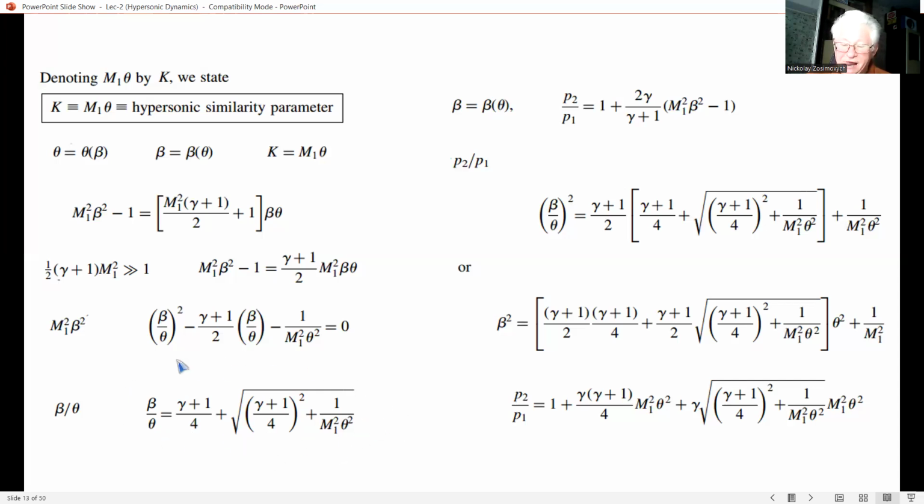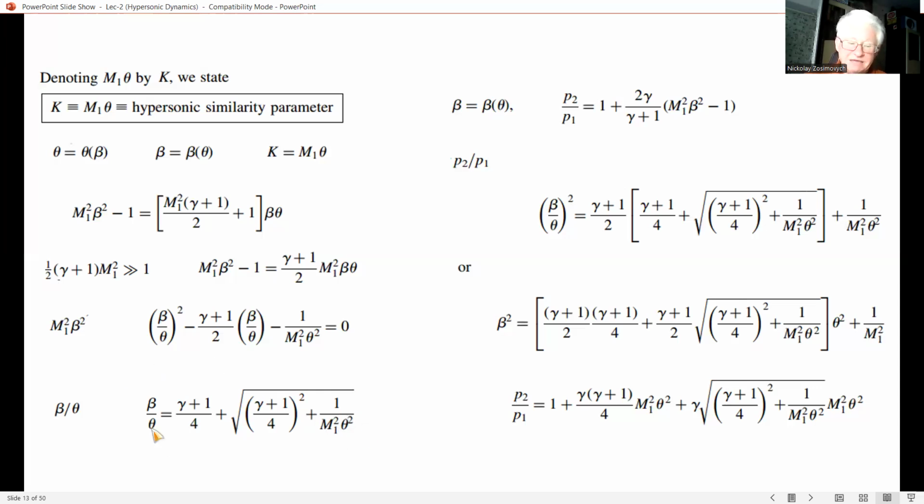Beta over theta is proportional to gamma plus 1 over 4, plus the radical of gamma plus 1 over 4 squared plus 1 over M1 squared theta squared.